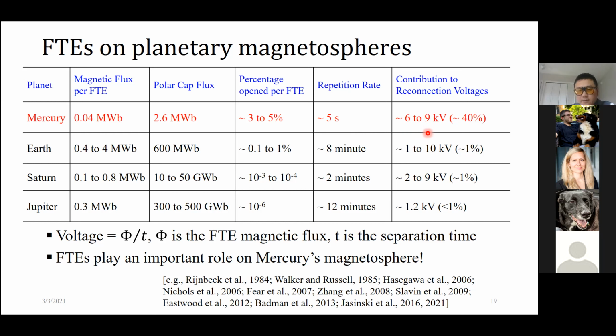So that means each FTE could contribute like 40% of this cross magnetosphere potential drop. So FTEs play a relatively important role in Mercury's magnetosphere.